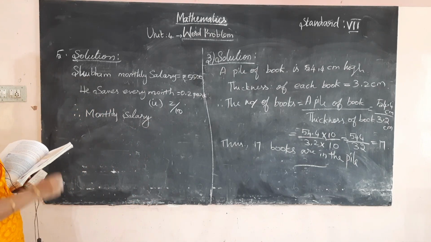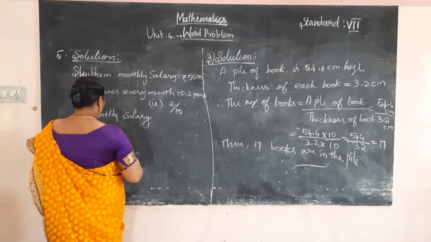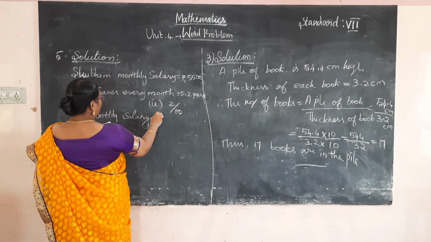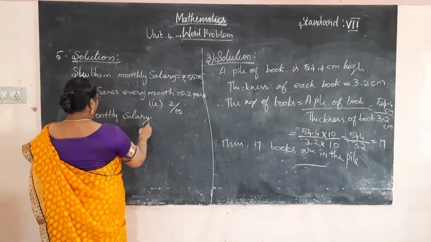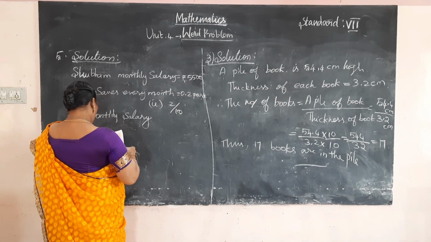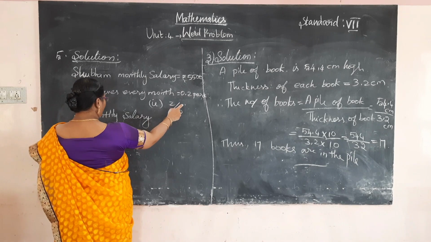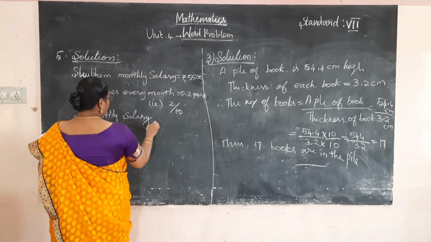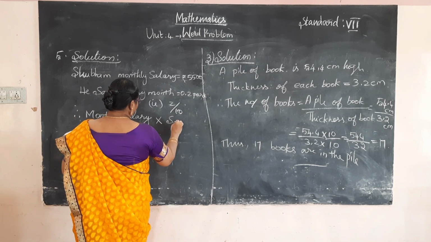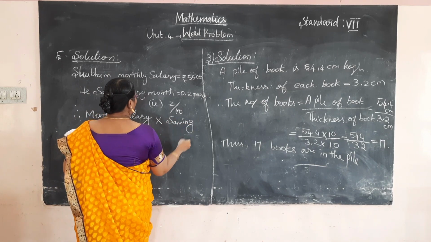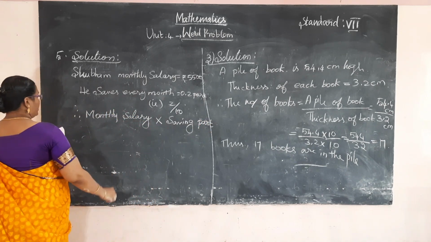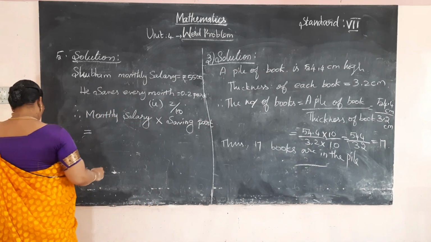The 2 by 10 part, the monthly salary amount is 5,500, is it? Into saving amount, is how many rupees? So monthly salary into saving part is equal to what we get?